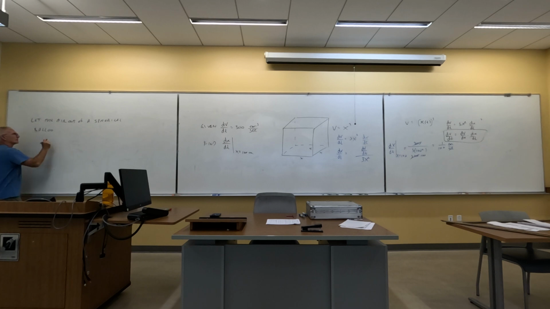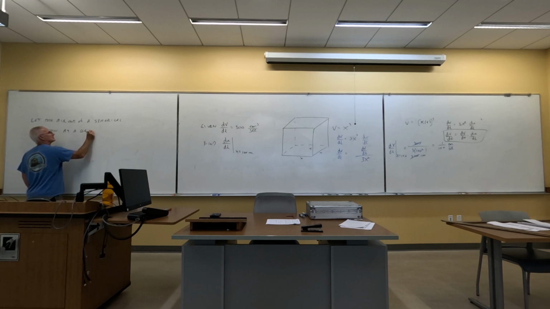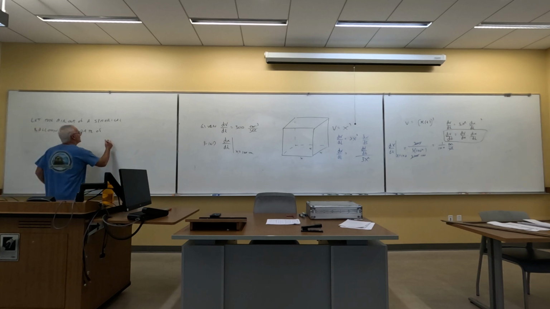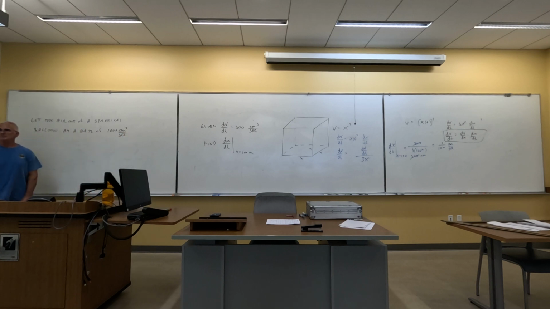Okay, two. At a rate of, you're in a hurry, you're gonna sit on the balloon if you have to, right? You want to move on. You got to get out faster. So let's just say we're going to do it at 1,000 cubic centimeters per second. That's a liter per second, right? How fast is the radius changing?